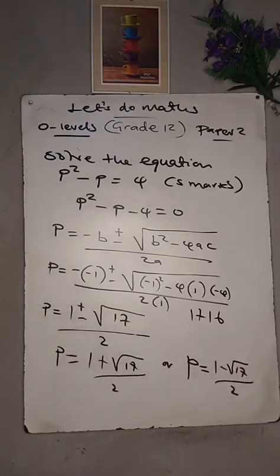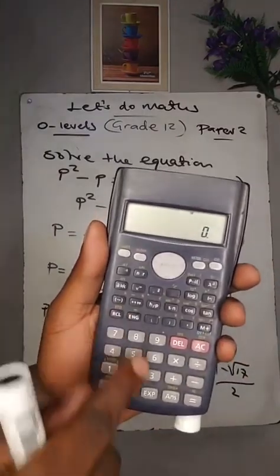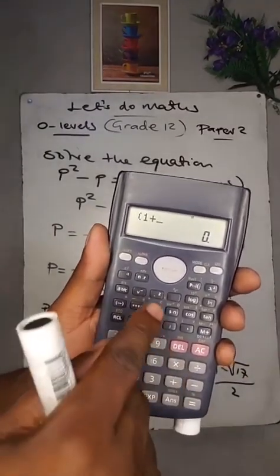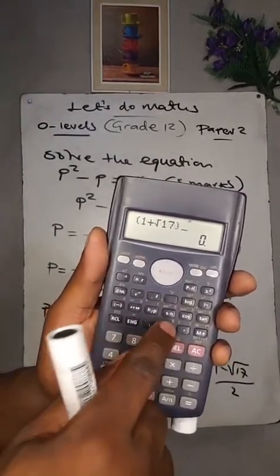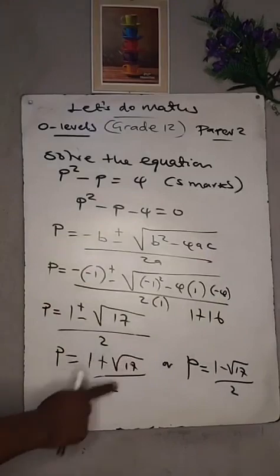Then after that, knowing that we are dealing with paper 2, we can just quickly grab our calculator. So I'll work with you as we are solving. So we have, open bracket, 1 plus root 17, close bracket, over 2. So 1 plus root 17 over 2.